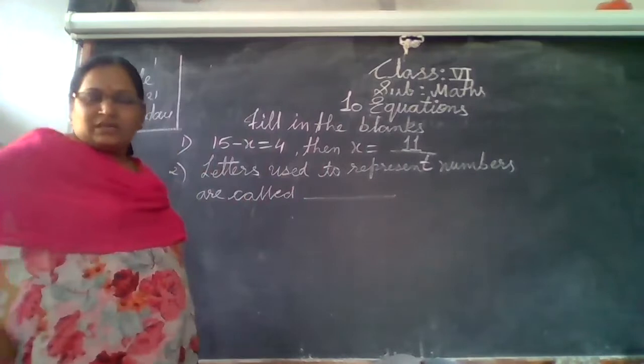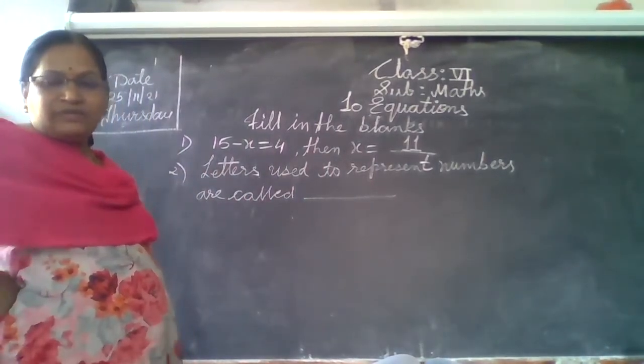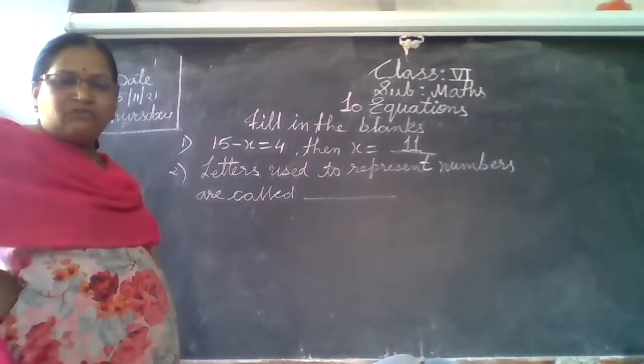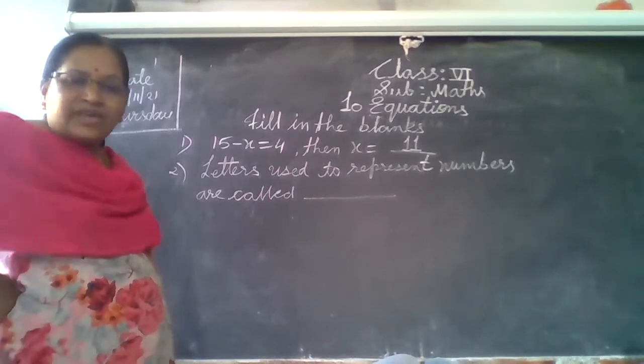So children, in the equation we are using the letters or the alphabets from A to Z, and those alphabets are called variables.